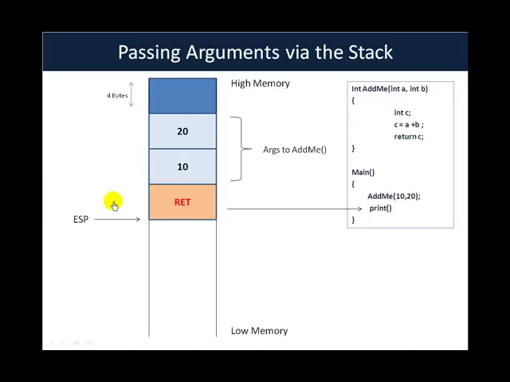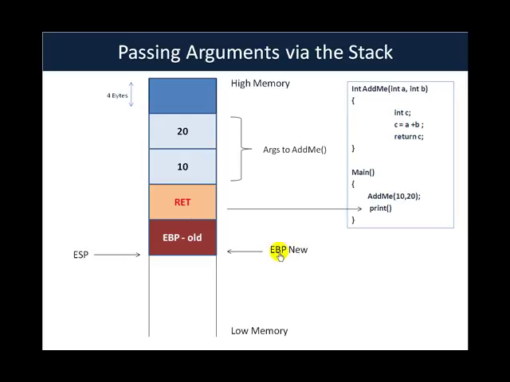So the first thing one does once we enter the addMe function is to go ahead and save the old value of the EBP register. Once this is done, ESP is updated to point to the top of the stack. Now we go ahead and copy the value of current ESP into the EBP register.